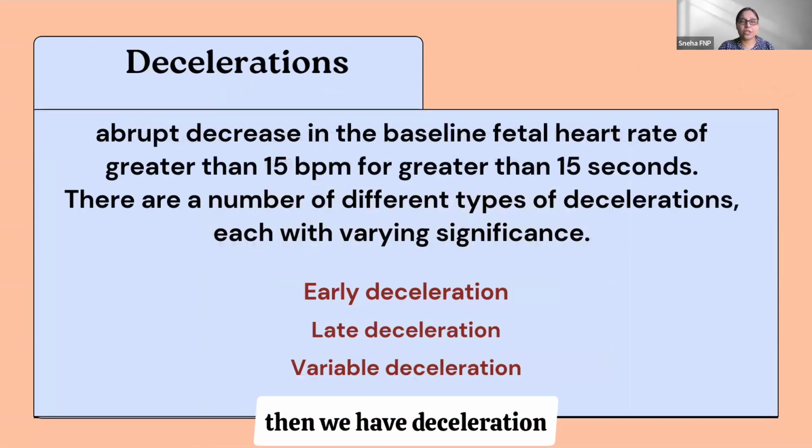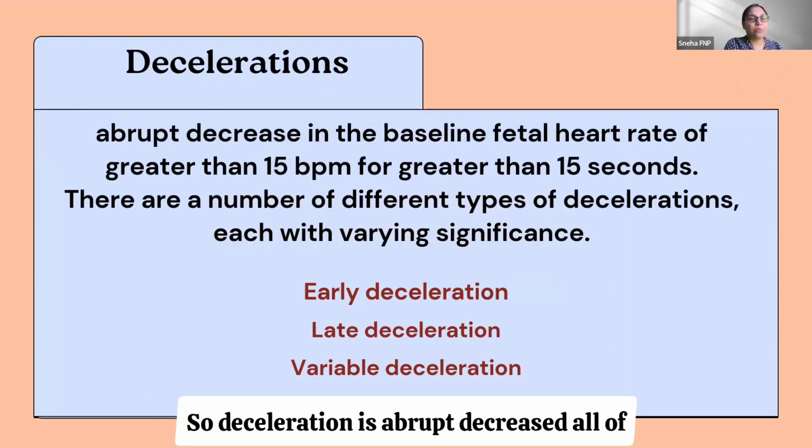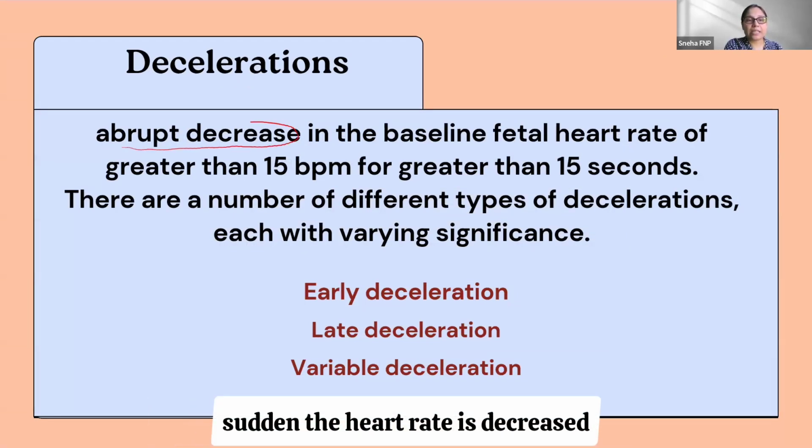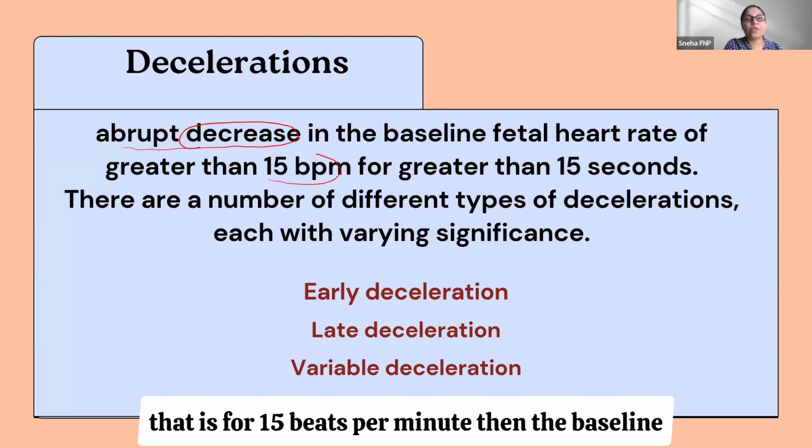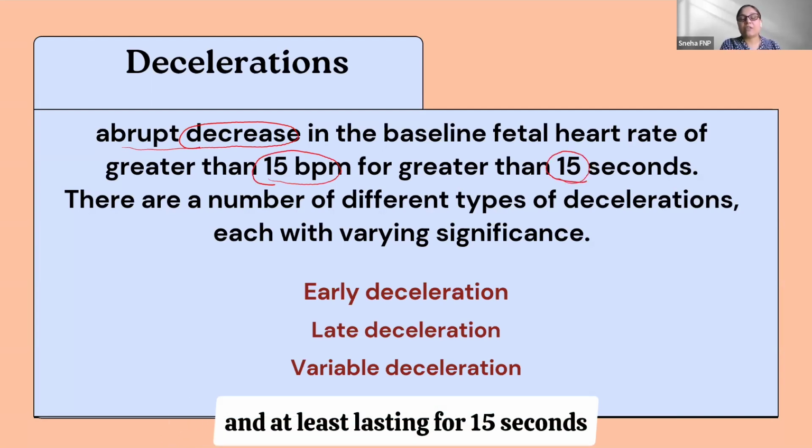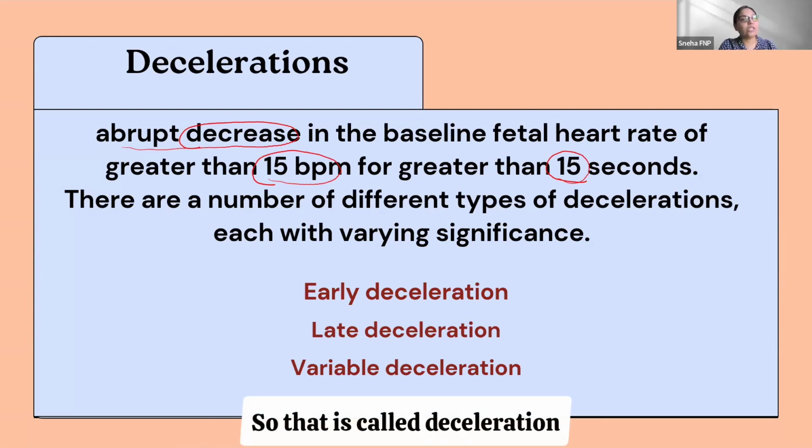Then we have deceleration. So deceleration is an abrupt decrease. All of a sudden the heart rate is decreased by 15 beats per minute from the baseline, lasting at least 15 seconds. So that is called deceleration.